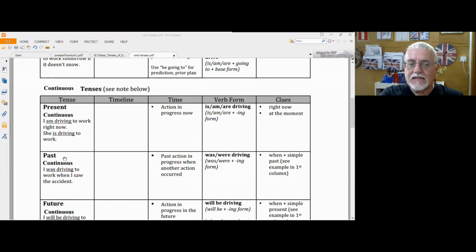Then there is the past continuous tense. I was driving to work when I saw the accident. So it's a past action in progress when another action occurred. Okay, so it was something that you were doing in the past, and then another action occurred.